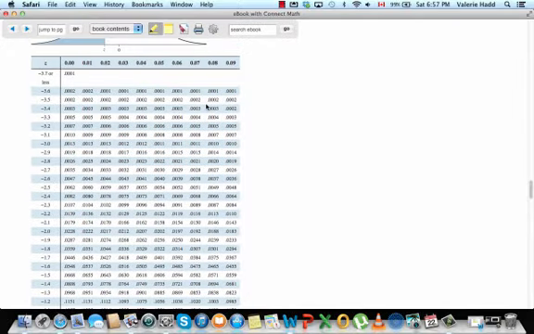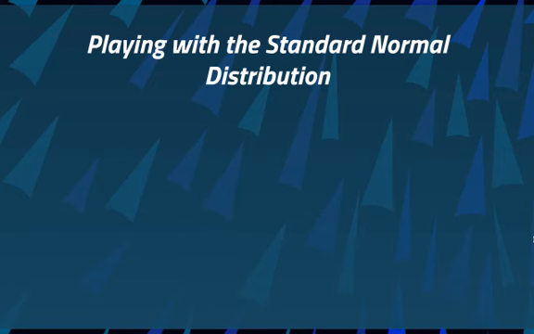And my answer would be a z-score of minus 0.05. So that would be my answer. So a z-score of minus 0.05 equals an area under the curve of 0.48.